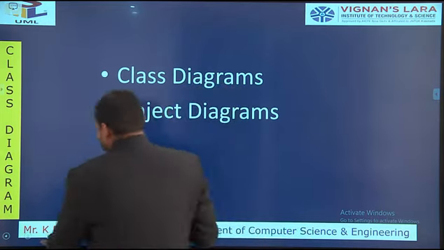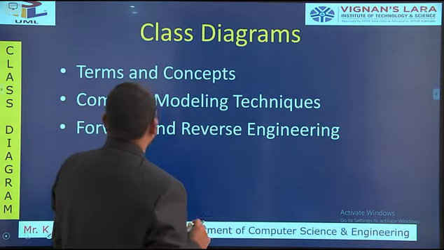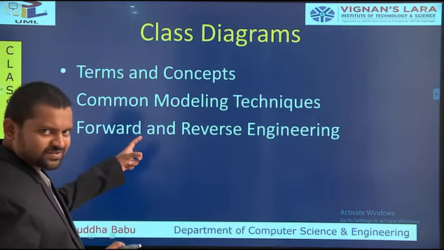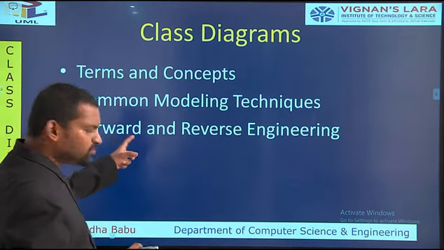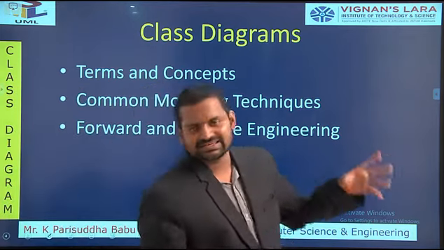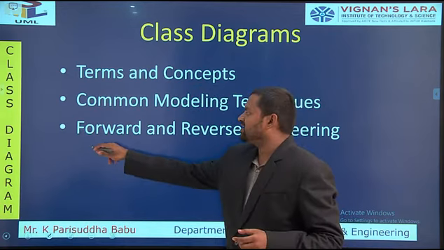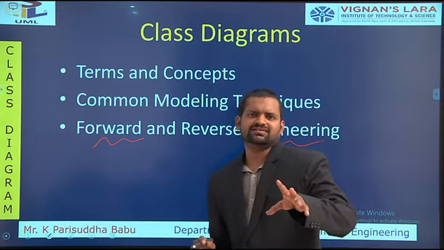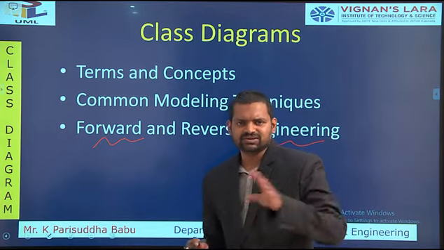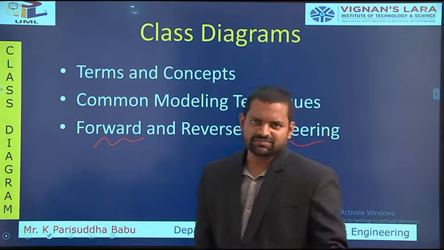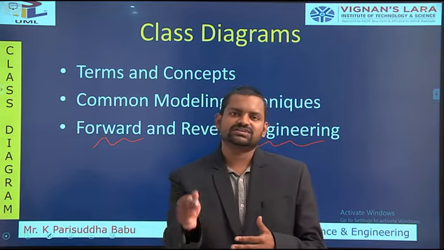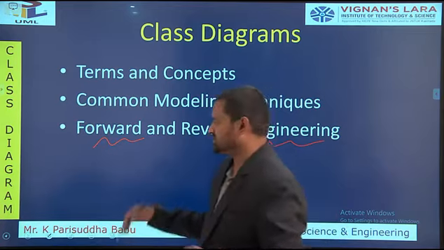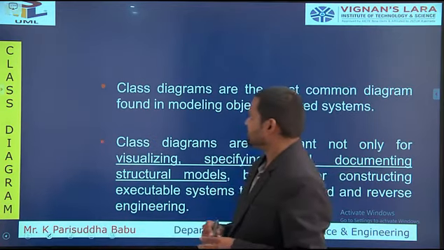In this class diagram topic, we are going to study terms and concepts of classes, common modeling techniques of classes, and also forward engineering and reverse engineering. This must be included in any diagram. You can take any diagram or model in UML, and every diagram has forward engineering and reverse engineering. We have to see this information.